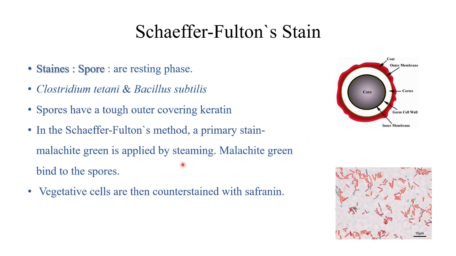So we will observe the spores in green color, with the vegetative cells counterstained with safranin. So we can observe the vegetative cells in red color with green colored spores here.